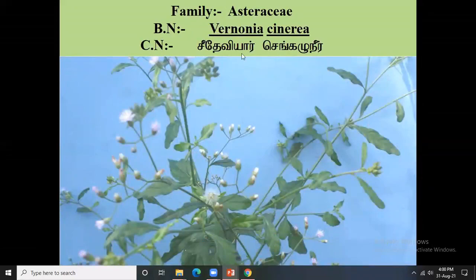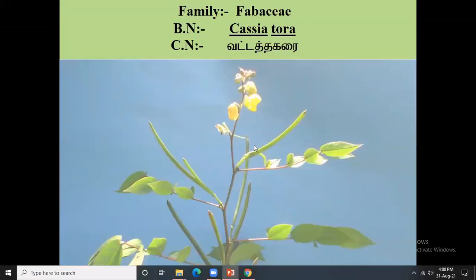This is a very interesting name in Tamil. The Sinhala name also I don't know. This is Fabaceae family, I think.